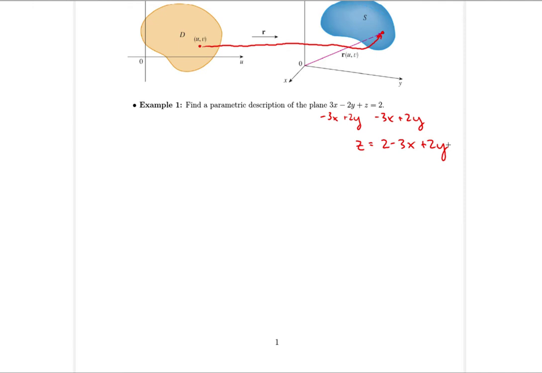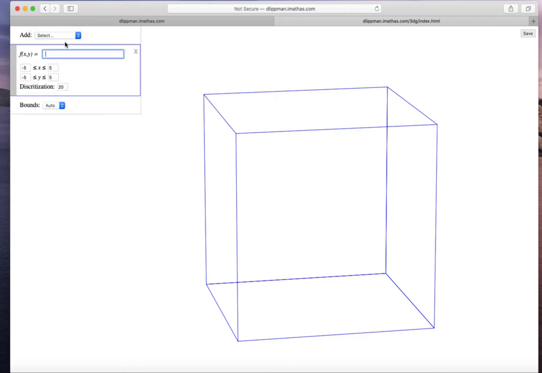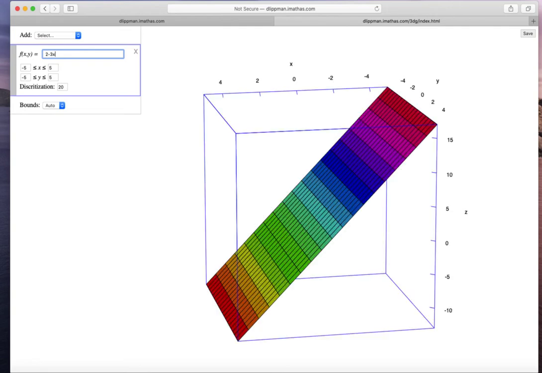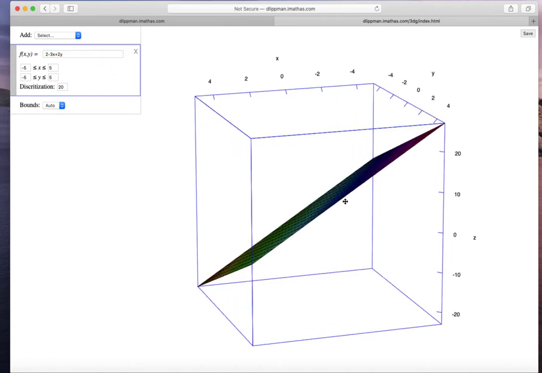So I get the z by itself. And then I could go to some sort of grapher that allows you to graph functions of x and y. And then I would just type in that formula. So z equals 2 minus 3x plus 2y. So there's my plane.